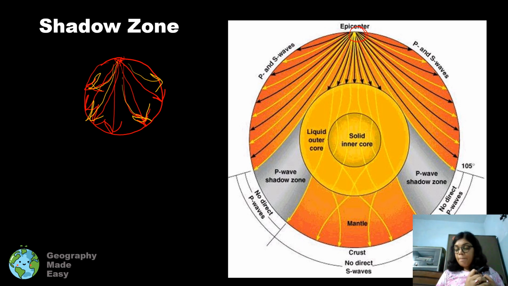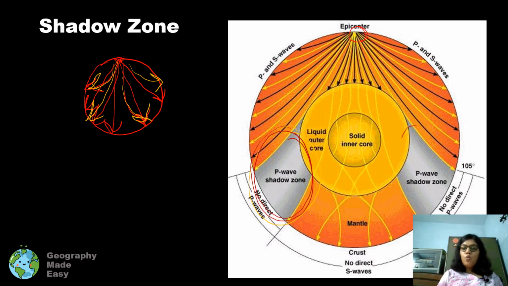So P waves in this case, we can see they are following a curved path, but we see that the P waves cannot flow through the liquid outer core part of the earth. So we see a very interesting shadow zone getting formed where we see no P or no S waves in this part.